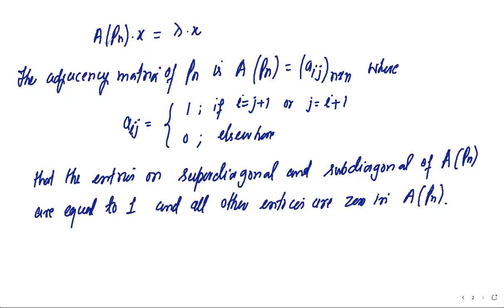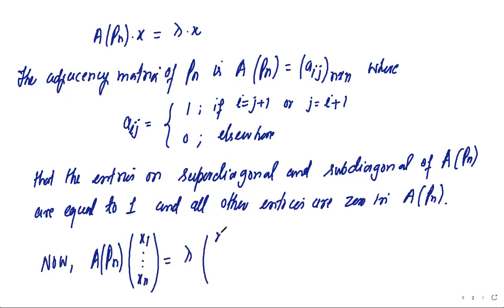Now we have this equation A of Pn x is equal to lambda times x. So now A of Pn into x1 through xn is equal to lambda times x1 to xn.